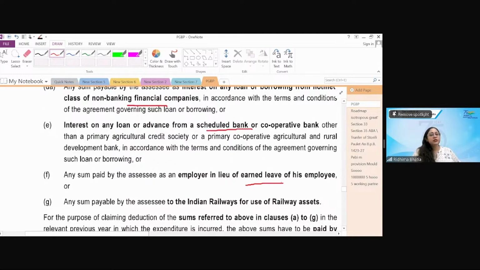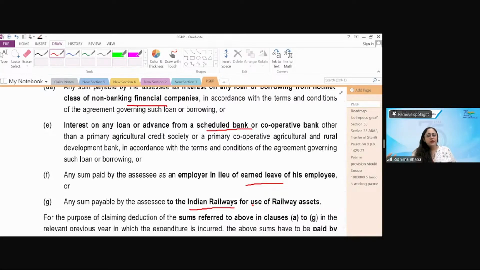Any leave encashment which is standing due, leave encashment payable if it is standing due, not other salary payable, that will be allowed. But any leave encashment which is standing due would be disallowed if not paid. Similarly, if you have to pay any amount to the Indian Railways for using their assets, if you have not paid it, that would be disallowed. Simple. Now you will say railway assets use करने के लिए होगा, cargo companies होंगी who are using railways for transportation, right?